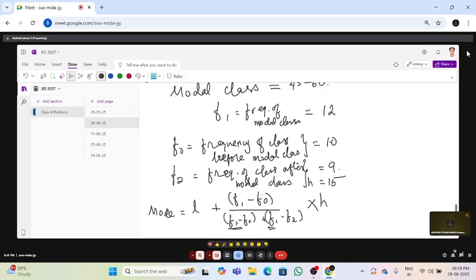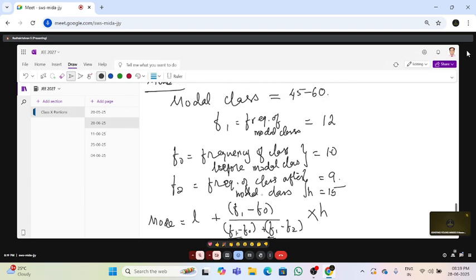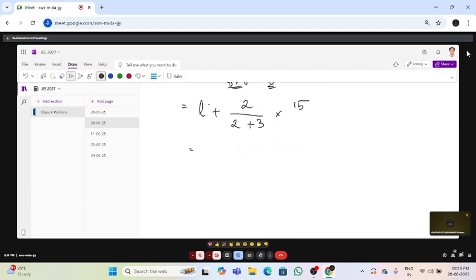L is the lower end of the modal class, which is 45. So we take 45 plus 2 by 5 into 15. That is 2 into 3, 6. 45 plus 6. So we conclude that the mode for this distribution is 51.